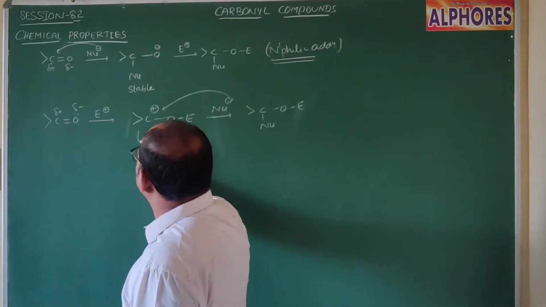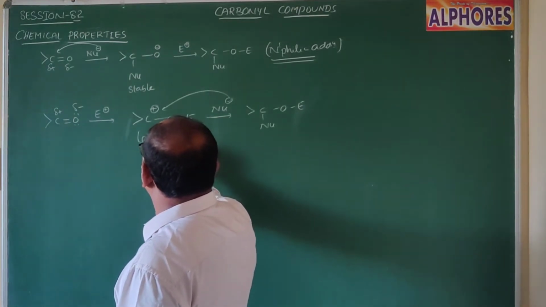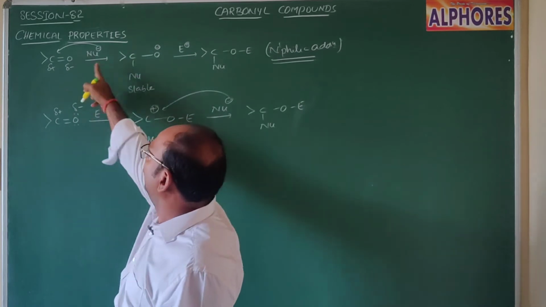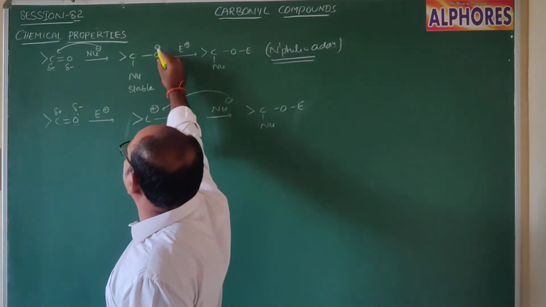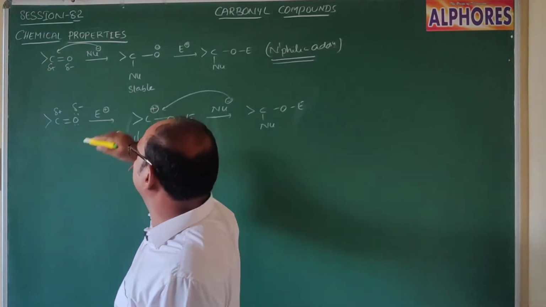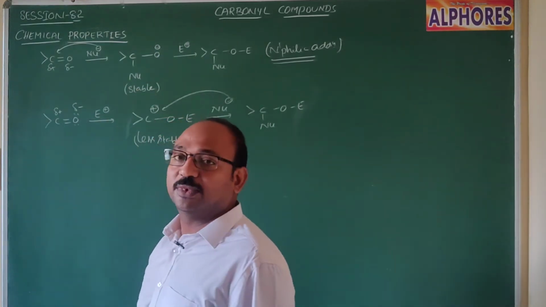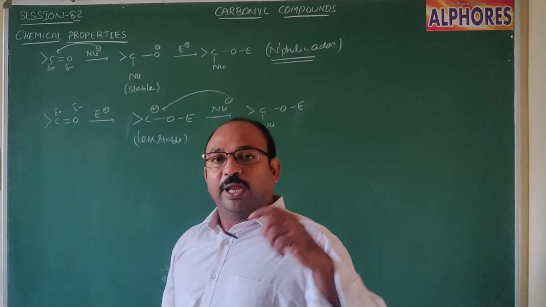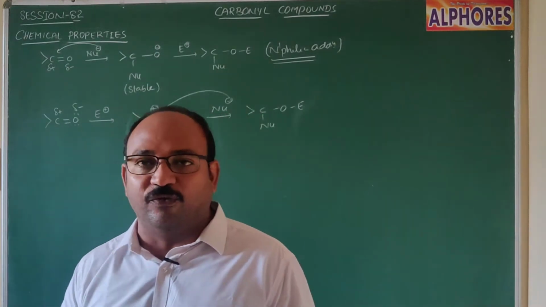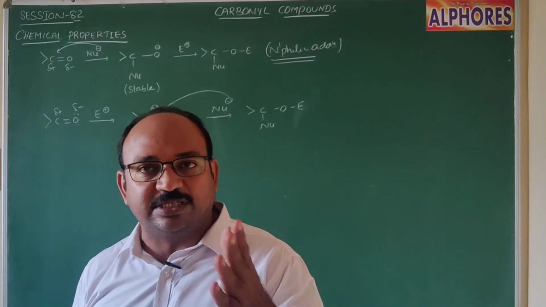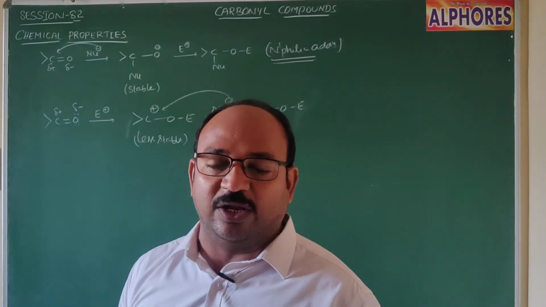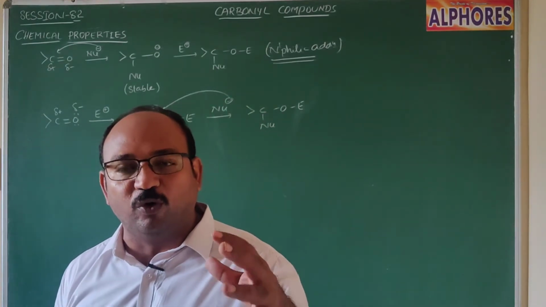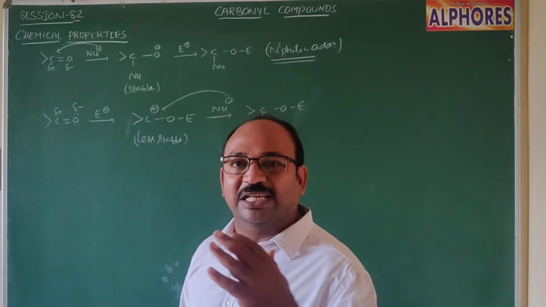The positive charge formed here is less stable, and if a nucleophile approaches there, you get a negatively charged anion. This is stable. Any reaction proceeds via formation of a more stable intermediate. From a more stable intermediate, we always get the major product.